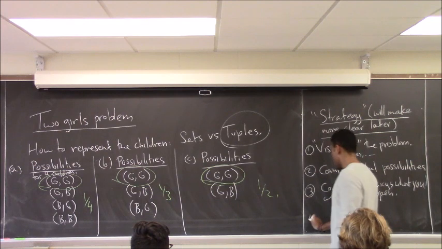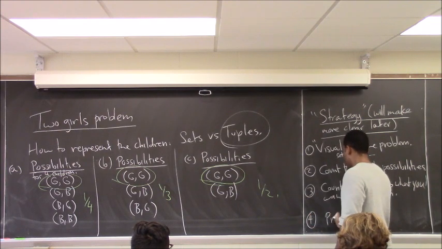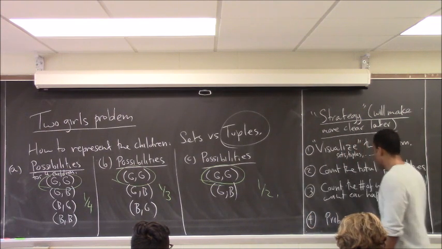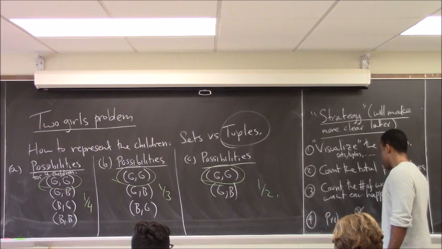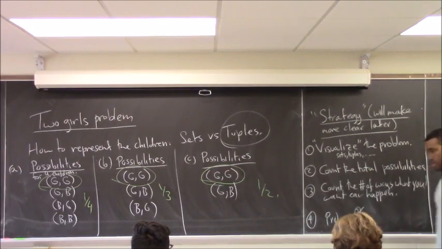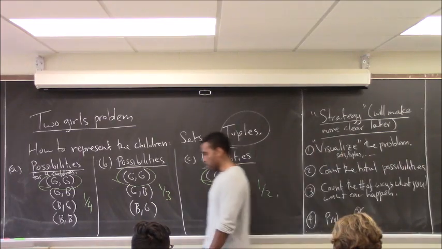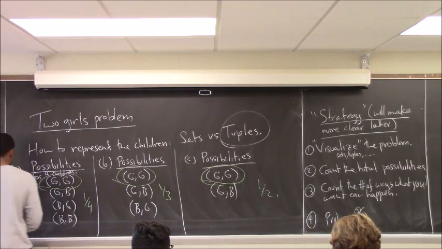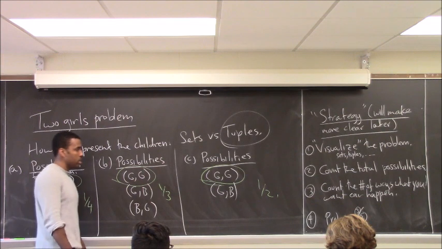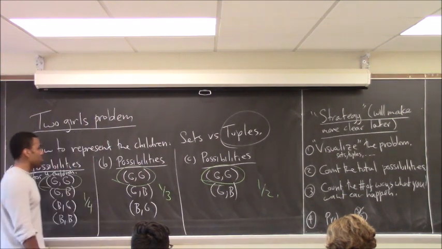And then step 4, the probability is going to be equal to the answer in 3 divided by the answer in 2. This is a very naive way to look at a probability, at least the probability that we will be doing in this class, which is finite probability. There will only ever be a finite number of things.